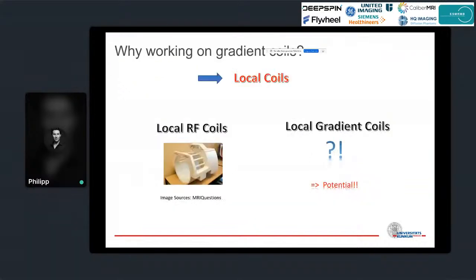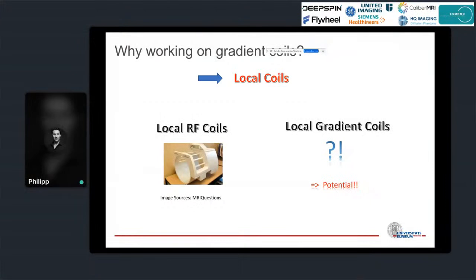And why should we still work on gradient coils? I think everyone who has some experience with scanners knows that if you enter a room, there are a lot of RF receive coils tailored to specific body parts, but you will probably not find any specific local gradient coils, and that's actually a shame, because the sensitivity gain you get by bringing your gradient coil closer to your target region can be orders of magnitude.